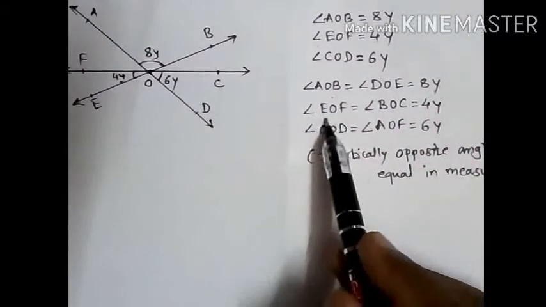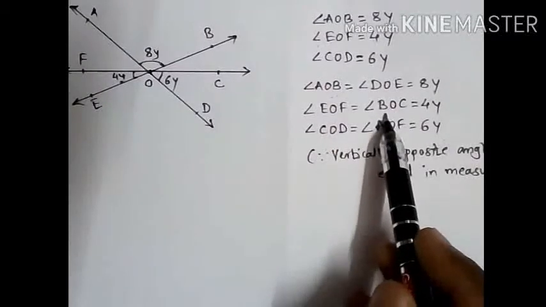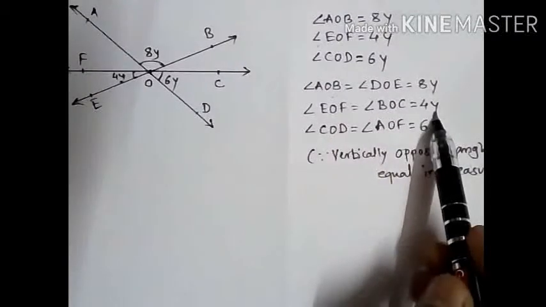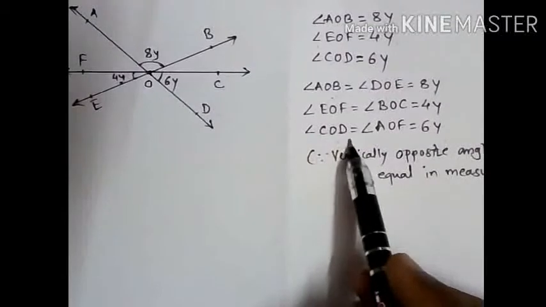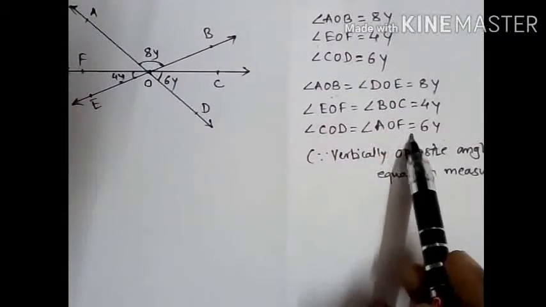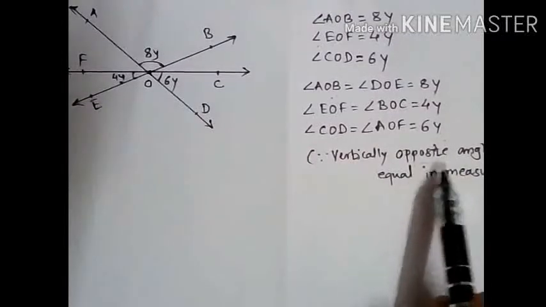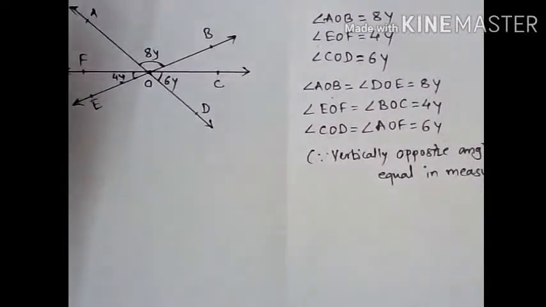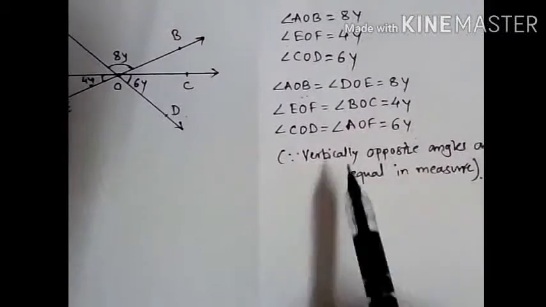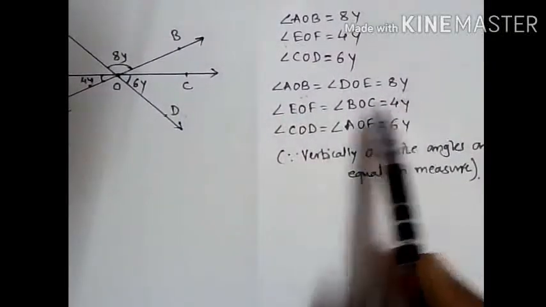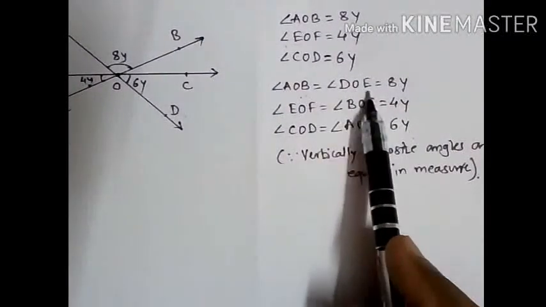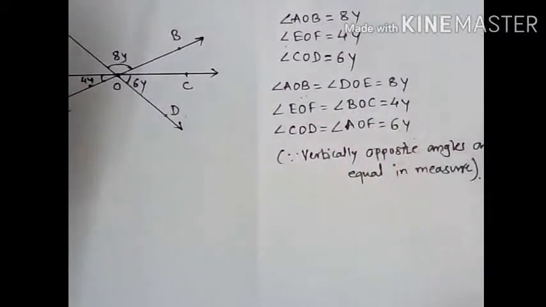Similarly, angle EOF is equal to angle BOC is equal to 4y. Angle COD is equal to angle AOF is equal to 6y. We know that vertically opposite angles are equal in measure. Therefore, angle AOB is equal to angle DOE is equal to 8y in this way.